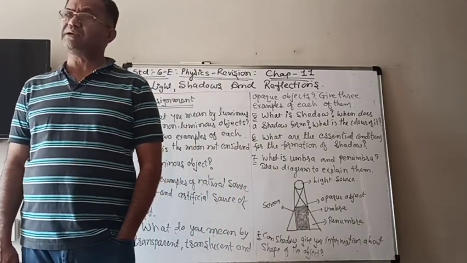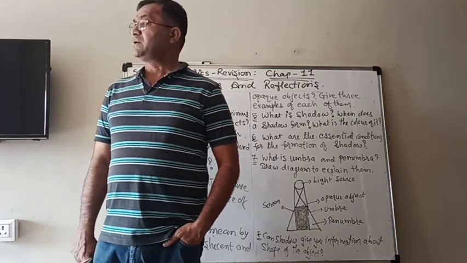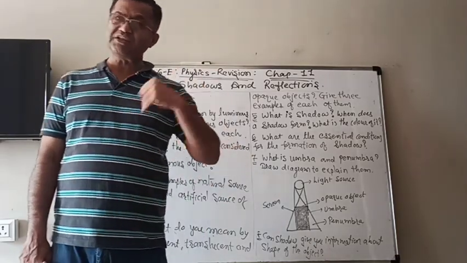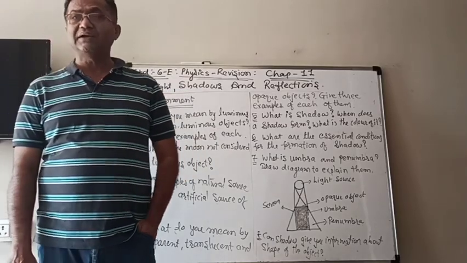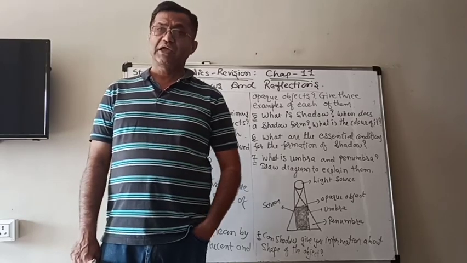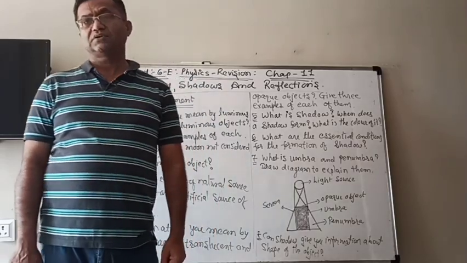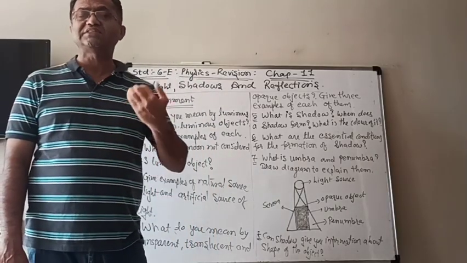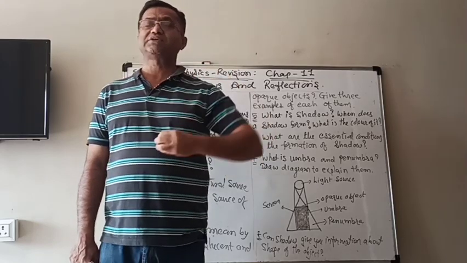Because in the night time the sun is not there but the moon gives the light. So why is it not luminous? Actually, the moon does not emit its own light. It just throws back towards the earth the light which is falling on it.